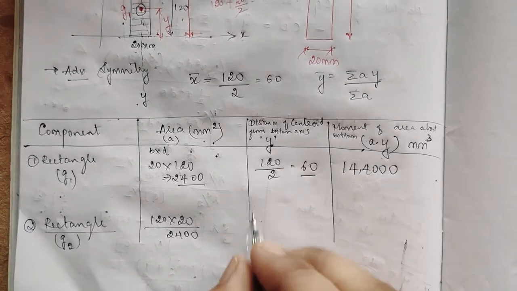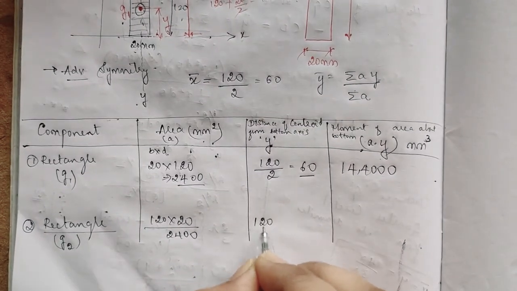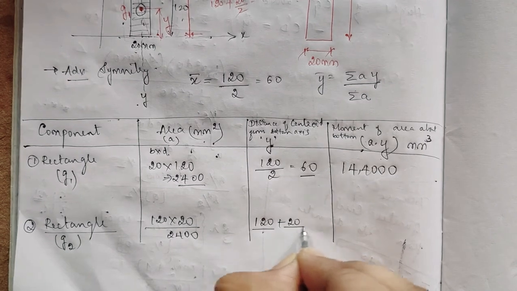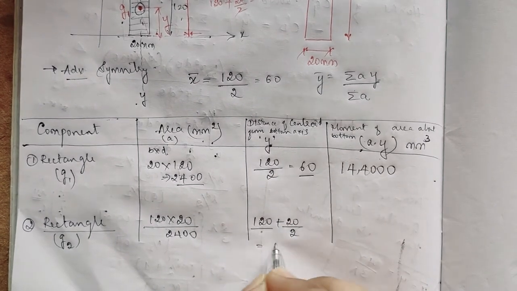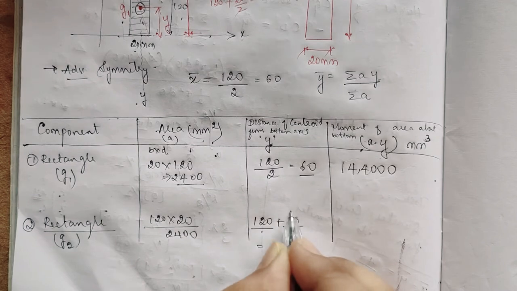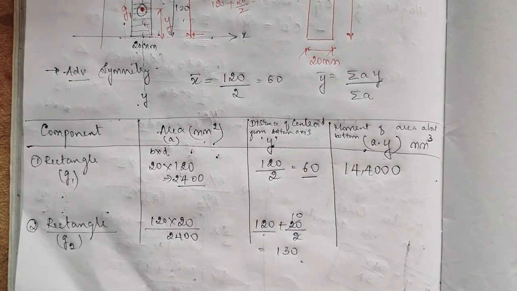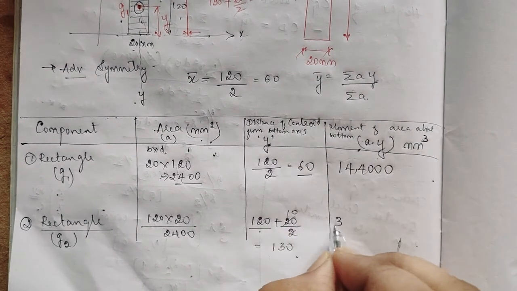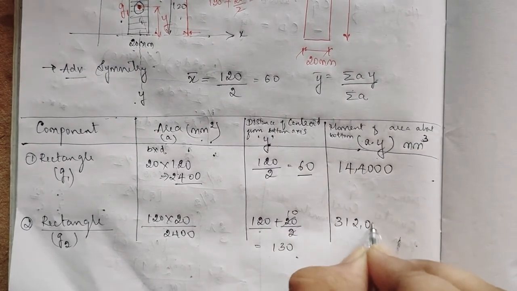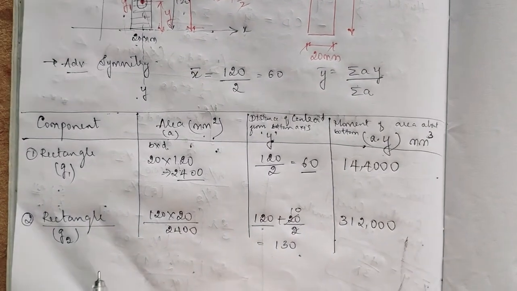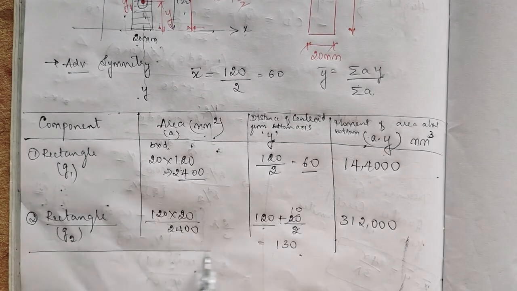So the distance of y from the bottom reference is 120 plus 20 by 2, it will be 130. So 130 into 2400, it is 3,12,000.